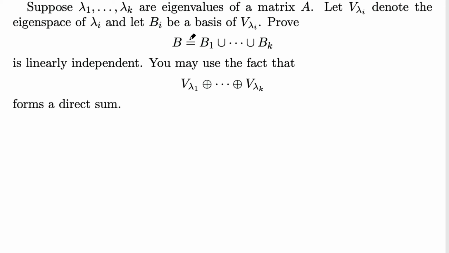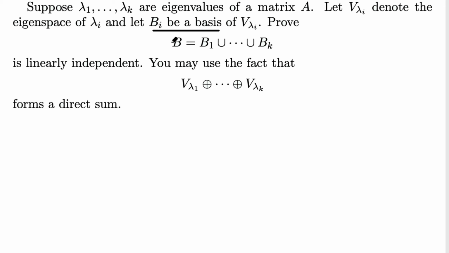And now let's take the union of B1 to Bk, right? I didn't write this explicitly, but i runs from 1 to k. So prove that this B over here is linearly independent. And we may use the fact that we have a direct sum decomposition of the eigenspaces. Now notice that the Bi, each one is a basis.